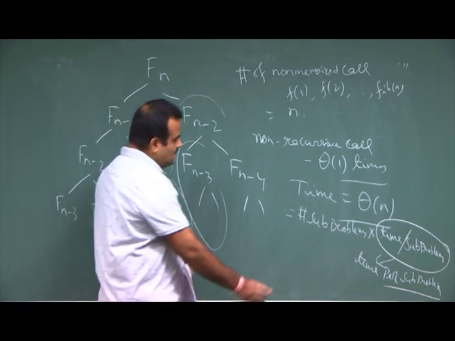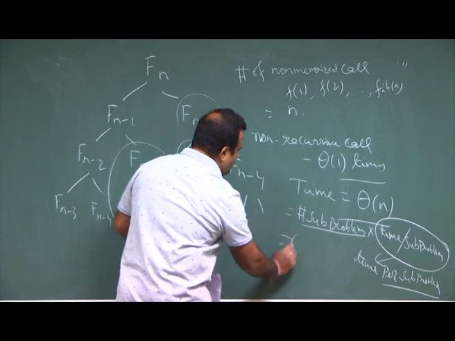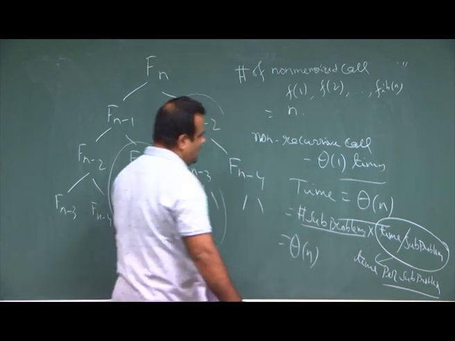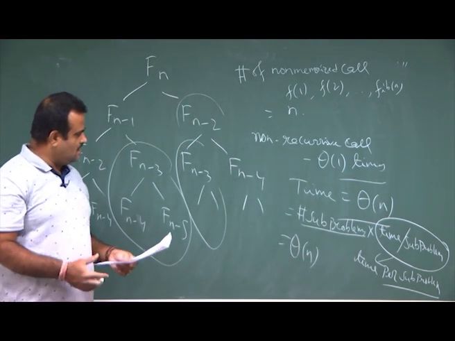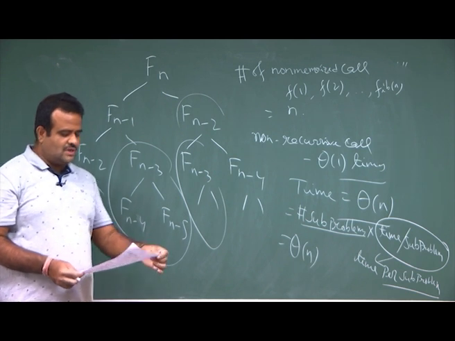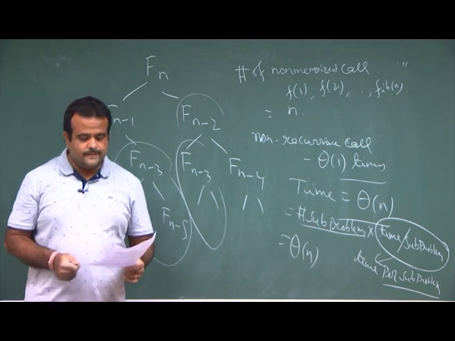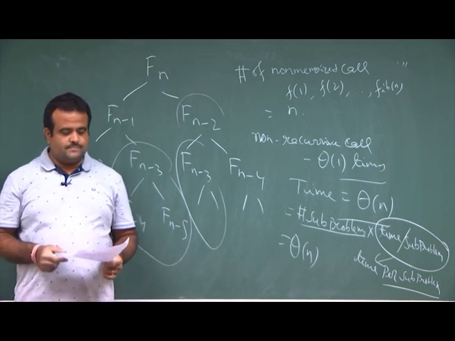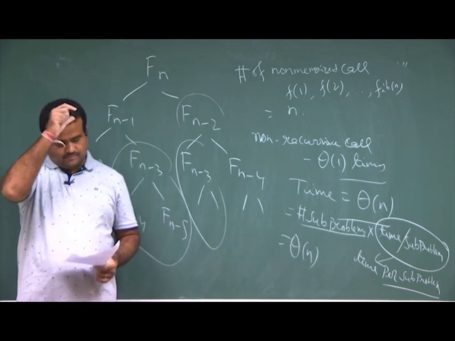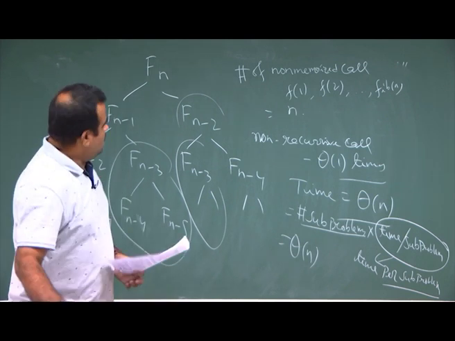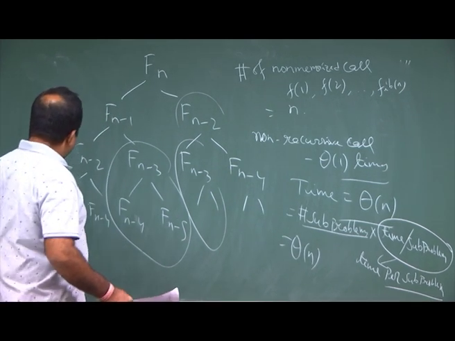And the number of sub problems is n. So, that is why it comes to theta of n times theta of 1, which is theta of n. So, this is the theta of n algorithm for getting the Fibonacci number.